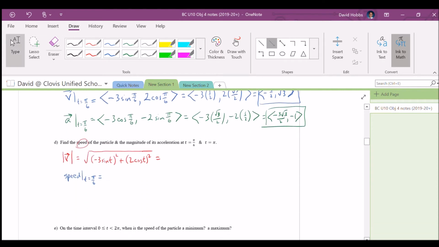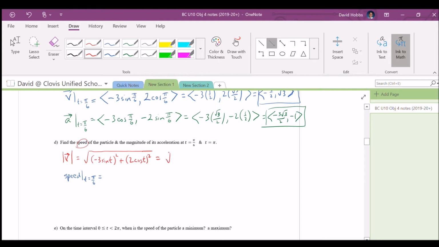Okay, find the speed of the particle and the magnitude of its acceleration at t equals pi over 6 and t equals pi. Well, the absolute value of the velocity is the speed, and so dx/dt is negative 3 sine t, squared, plus dy/dt, which is 2 cosine t, squared.